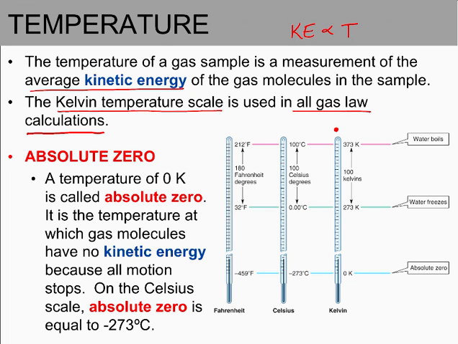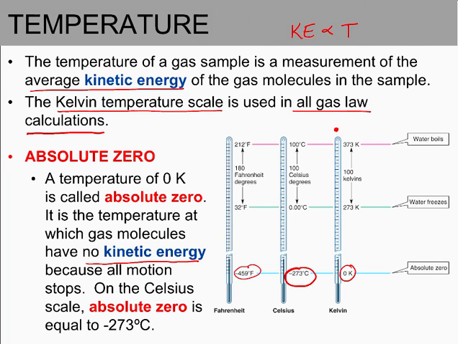Now, in the Kelvin scale, the lowest possible temperature is 0 Kelvin, and that's also called absolute zero. This is the temperature at which gas molecules have no kinetic energy because all motion stops. If we were to relate that to the Celsius scale, that would equal negative 273 degrees Celsius, and in Fahrenheit, that would correspond to negative 459 degrees Fahrenheit.